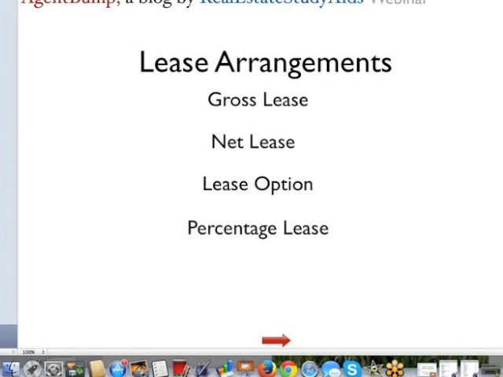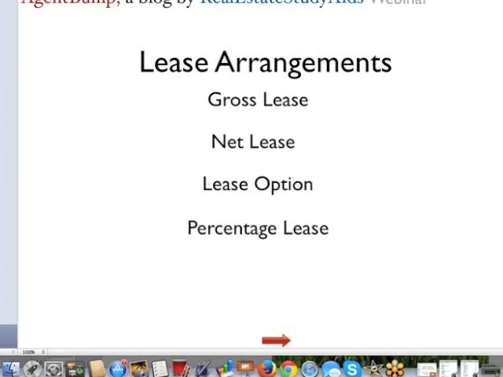We'll talk about that in a second. And what's a percentage lease? A percentage owned. I'll give you a hint. This is for commercial properties. Oh, it's a percentage of the revenue that they make. So it'd be like a percentage of the revenue.